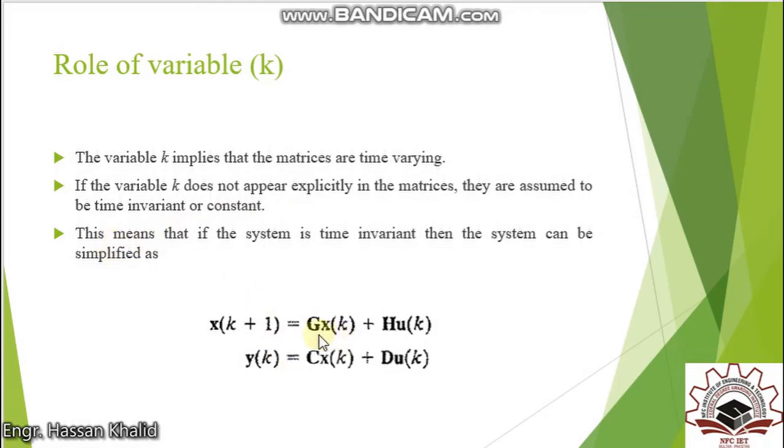Now if I assume that the matrices G, H, C and D are time invariant, then I have to make them independent of the time instant k. So the final simplified version will be written as x of k plus 1 equals G x of k plus H u of k, and y of k equals C x of k plus D u of k. In our upcoming examples and in this subject, we will keep our focus on time invariant systems.